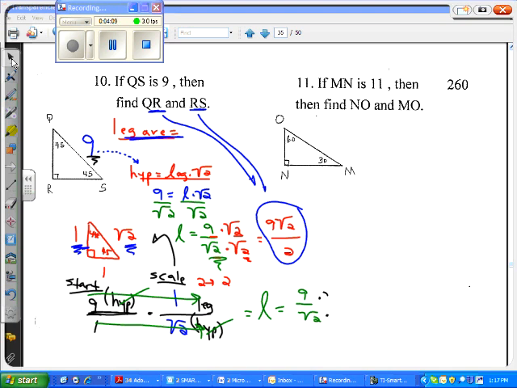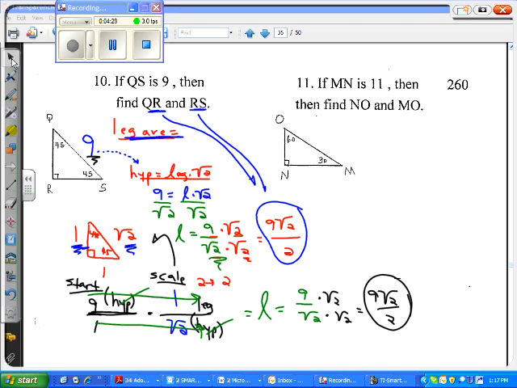We rationalize the same way and get 9 square root 2 over 2. Again, I lean toward the dimensional analysis approach, but I'm presenting it both ways. Okay?